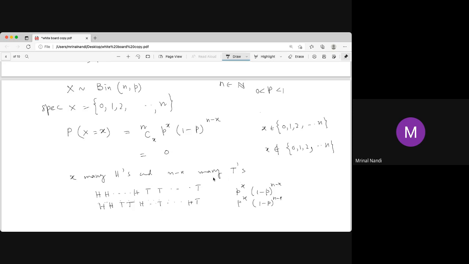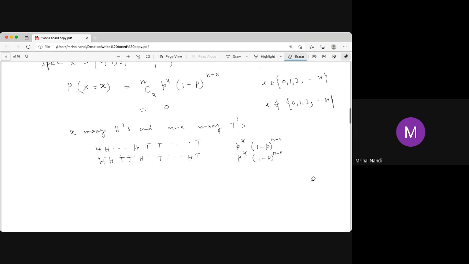This is nCx. There are n objects, and among n objects there are x heads, so we have to arrange these x heads in n positions. So it is nCx. So nCx many outcomes are there, and every outcome has a probability p to the power x into 1 minus p to the power n minus x, and these must be added because they are mutually exclusive. So we just add it.